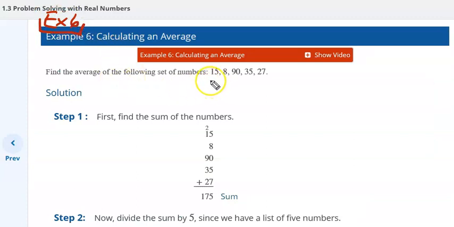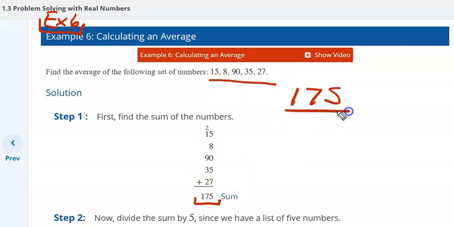Here are our 5 values that we're now going to add to get a total. And we're going to take this total and divide it by 5. So this gives us then an average of 35.